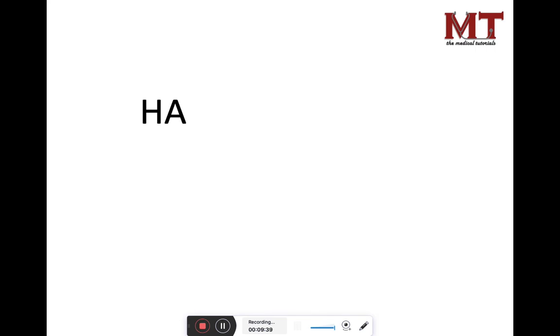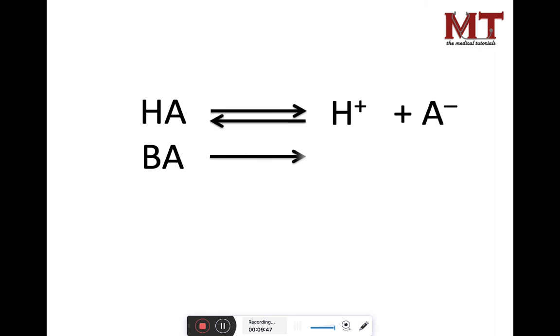Suppose this is a weak acid and it is present in a medium along with its salt. The weak acid gets dissociated, the salt also is dissociated, because they have a common anion. For example, citric acid plus sodium citrate, so the citrate ion is common.